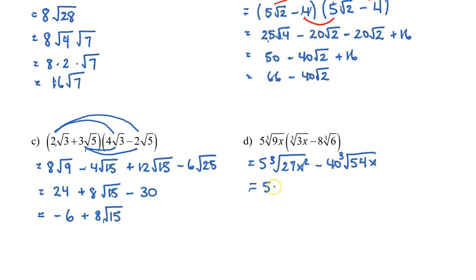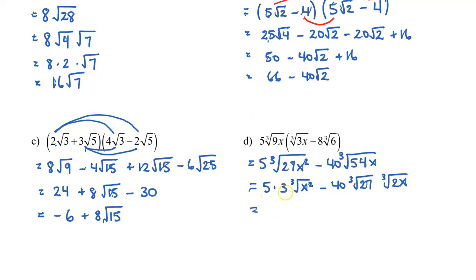So we have 5 times 3, and then we have the cube root of x squared. And 54, now 54 actually also has a 27 that goes into 54. So we're going to rewrite this as 54 cube root 27, and that's times the cube root of 2x.